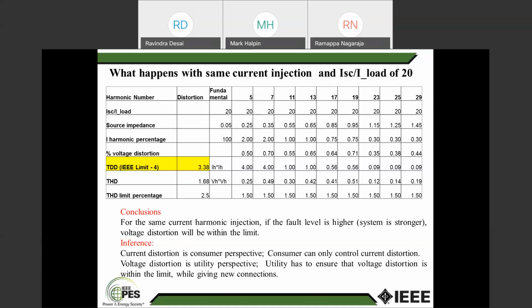If the fault level is higher, system is stronger, voltage distortion will be within the limit. Current distortion is consumer perspective. This is very important for us to understand in the harmonic analysis. Consumer can only control the current distortion. Voltage distortion is utility perspective. Therefore, utility has to ensure that the voltage distortion is within the limit while giving the new connection.